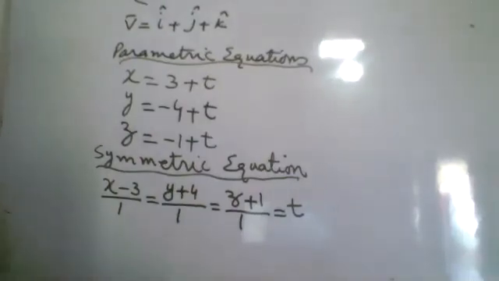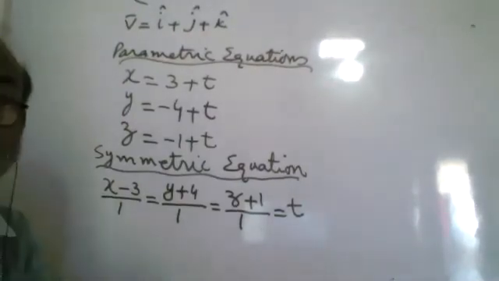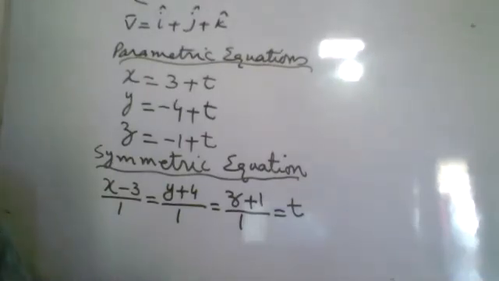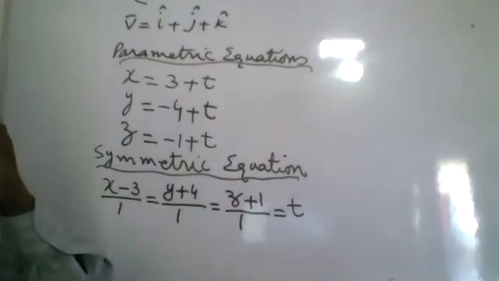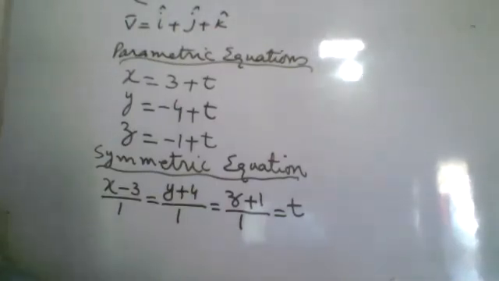Now we will do question number 2. So in the next session we will do question number 2, and that is when the 2 points are given. That was the first case, when 1 point and the parallel vector is given. Now we will do the second case, when the 2 points on the straight line are given. How to find the equation?